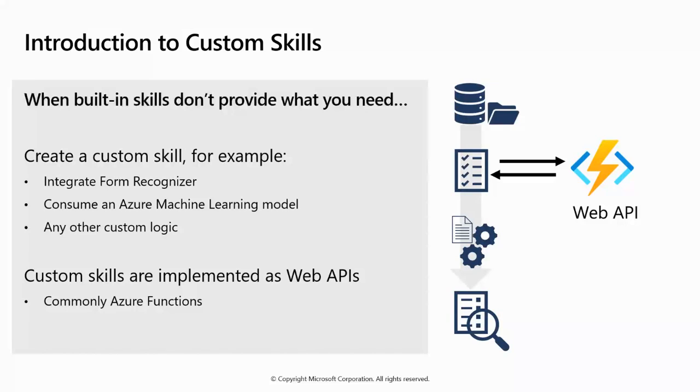These custom skills can be implemented as web-hosted services like Azure Functions. This enables the needed interface for integration into a skill set to handle these scenarios. So keeping that in mind, guys, if you need custom skills, you need to choose Azure Functions in order to use.